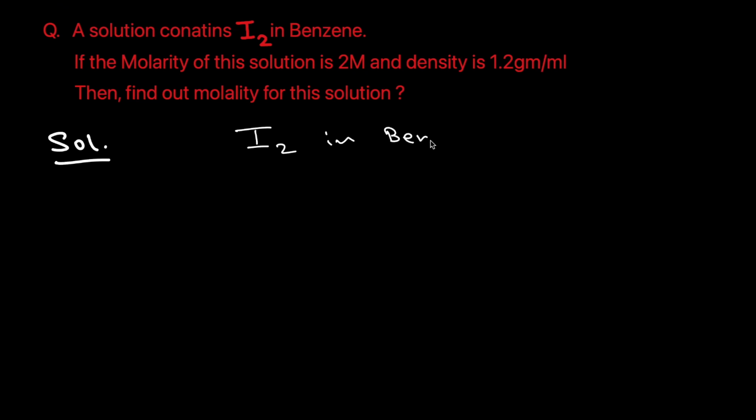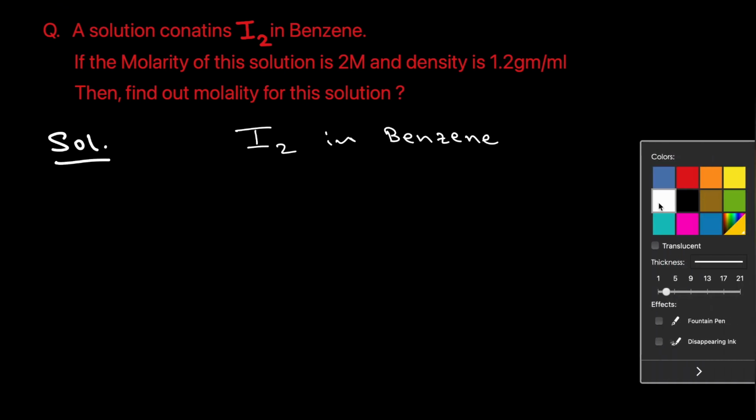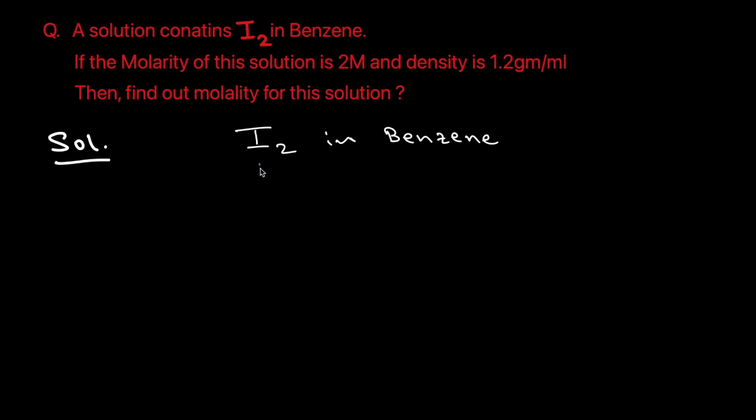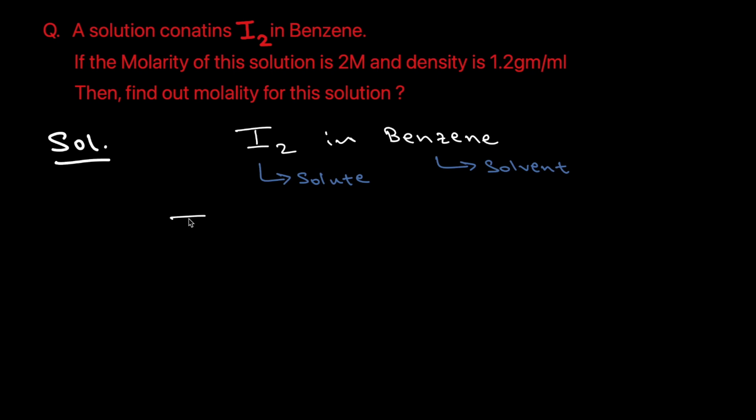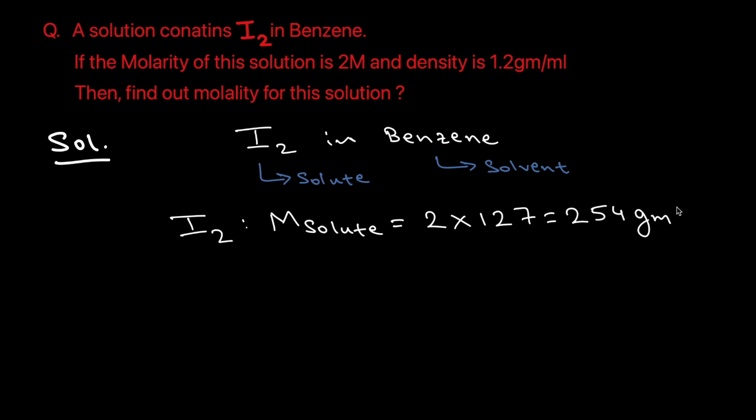Now we'll solve it here. I2 is present in benzene, so we'll write I2 in benzene. Here I2 is the solute and benzene is the solvent, right? So we'll find out the molecular weight of solute, which is I2. Molecular weight of I2 is 2 times 127, which is 254 gram per mole, right? We'll write the formula.